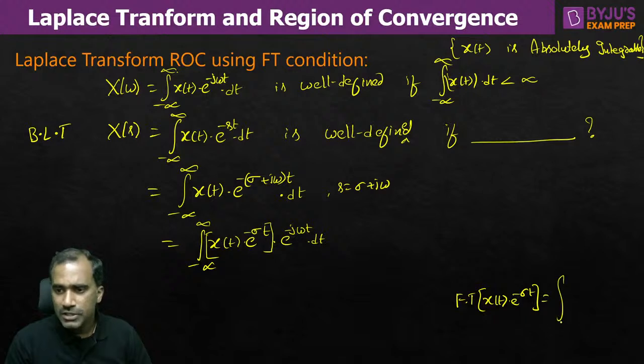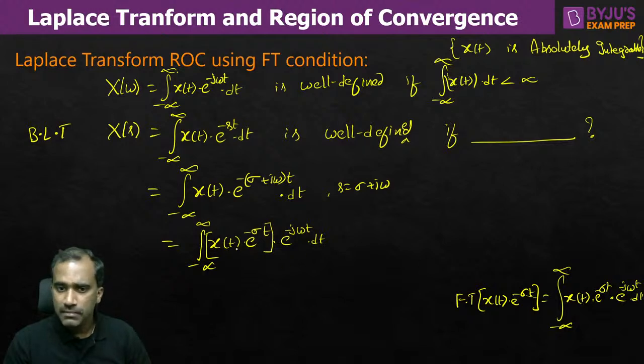What do you write? Integration from minus infinity to plus infinity. For what signal you want to find the Fourier transform, you write that signal, multiply with e power minus j omega t, and then integrate.